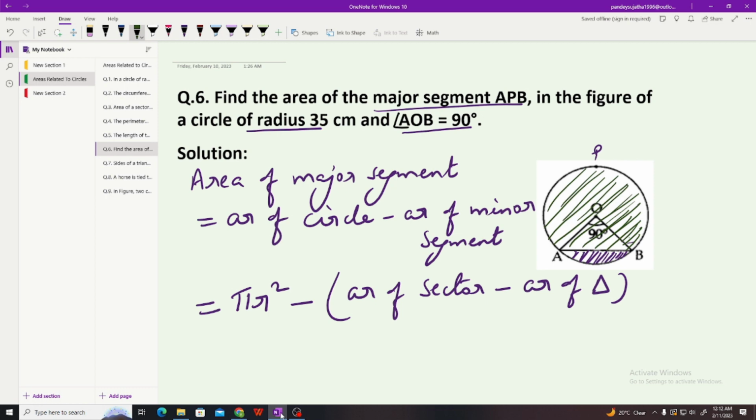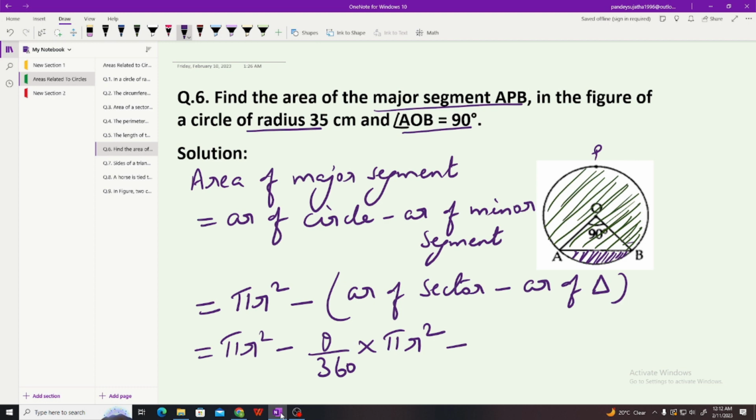So now the formula I already wrote here. So solve it now. Area of sector, you all know the formula, that is theta upon 360 into pi r square, minus here area of triangle.